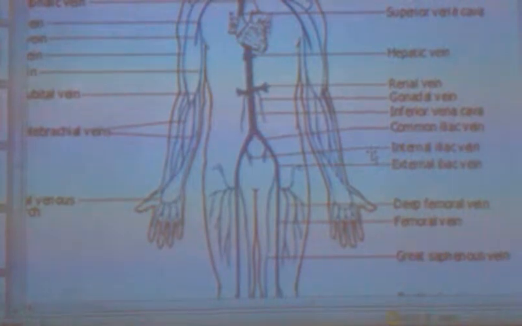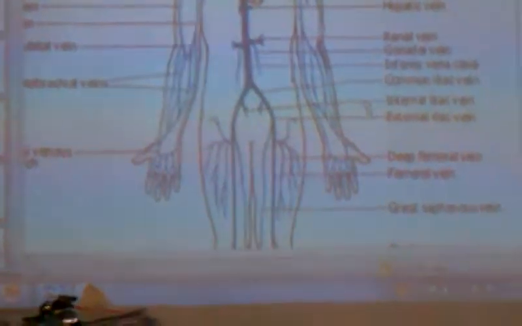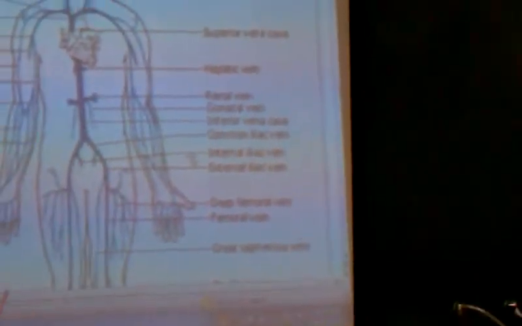And fortunately, on our models here, our splenic vein runs along with the splenic arteries. They're both together. Okay? We can also see that same thing is true with the renal vein. Renal vein drains the kidney, and it runs along with the renal artery.